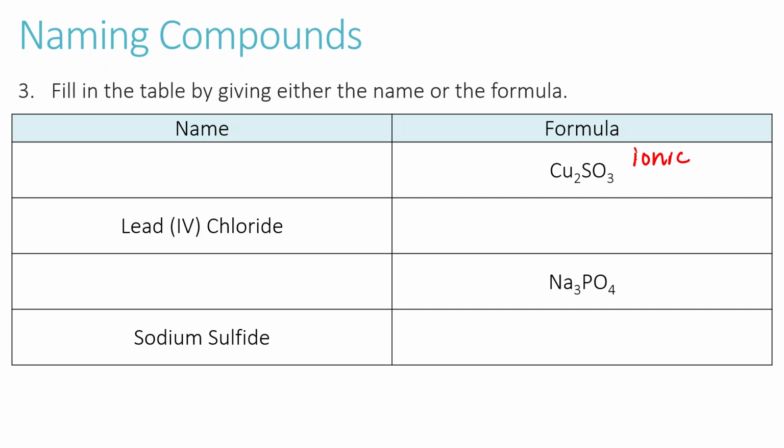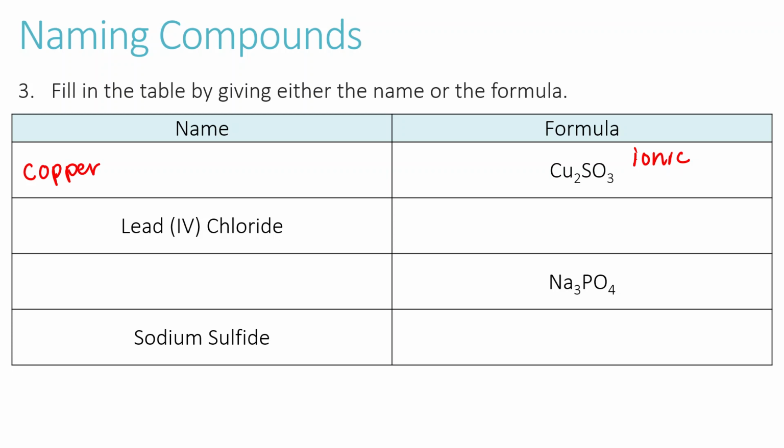So if I want to write the name of an ionic compound, first I'm going to write my cation, which is going to be copper. Now, copper is a transition metal, which means that we don't know its charge. So I need to figure it out and write it as a Roman numeral.